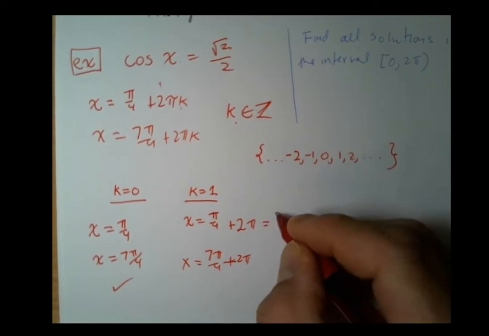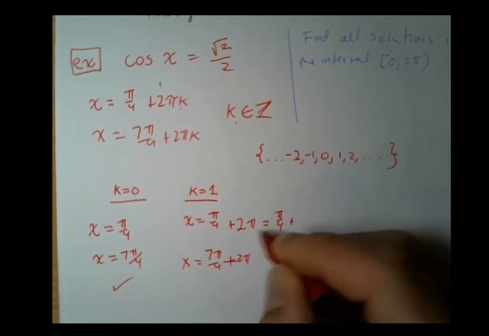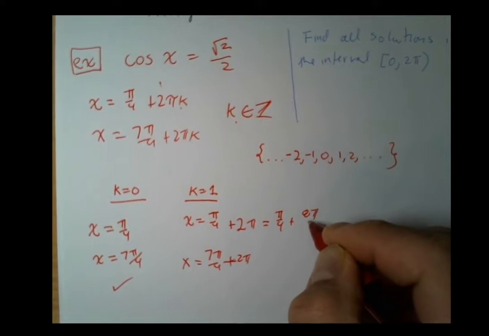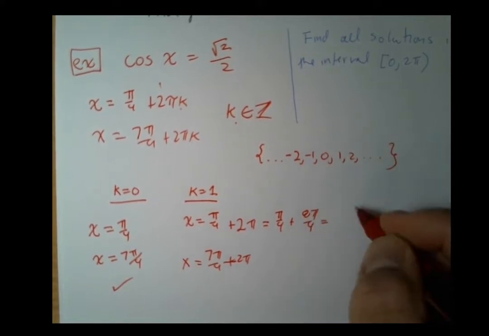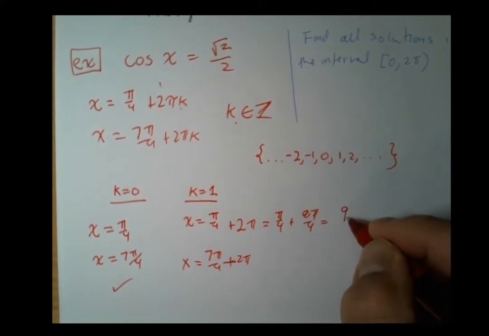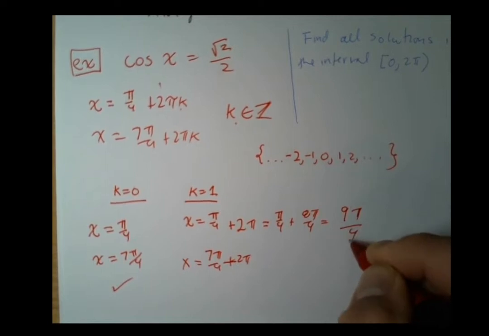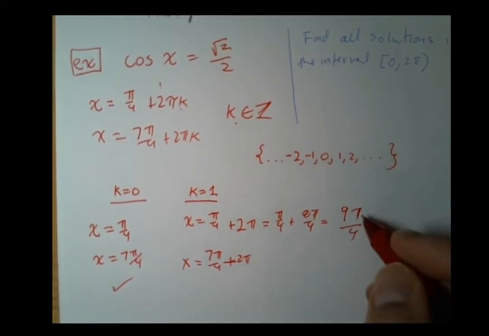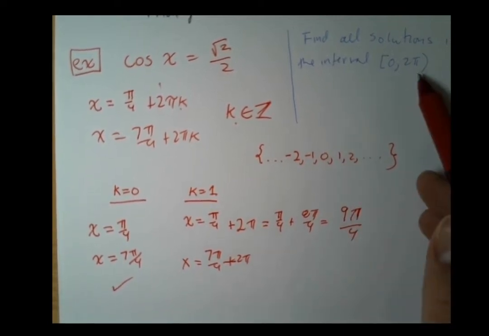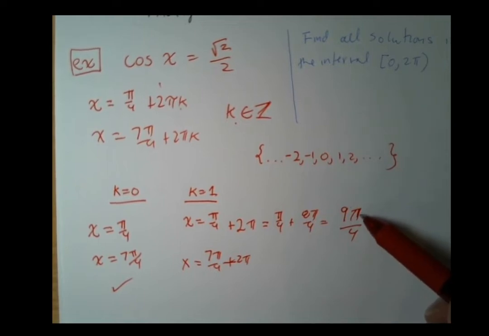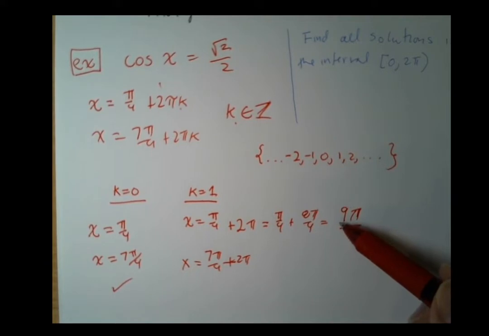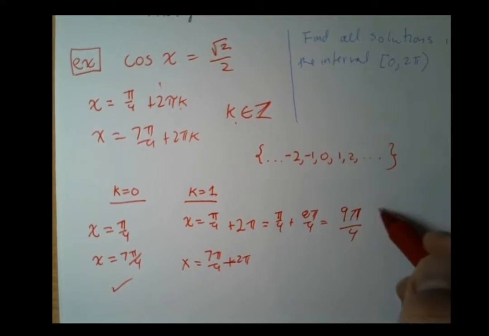Having a like denominator here, this will be 8 pi over 4, which gives 9 pi over 4. Now, is this in my interval? 9 pi over 4 is just a bit bigger than 2 pi. 9 over 4 is 2 and 1/4. So that is outside of my interval. That is not in my interval.